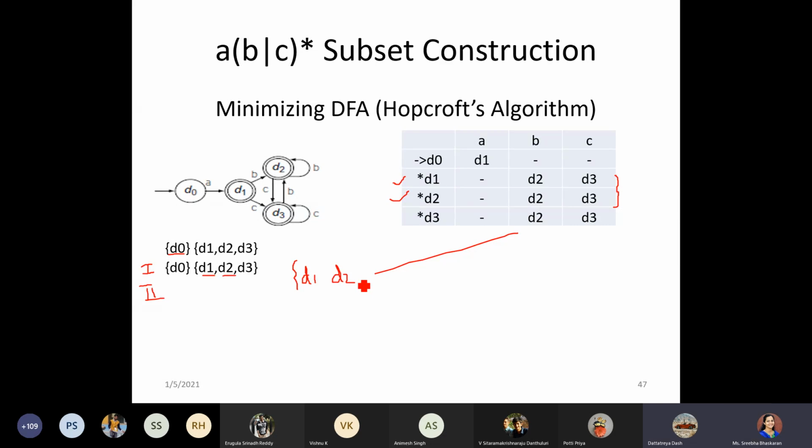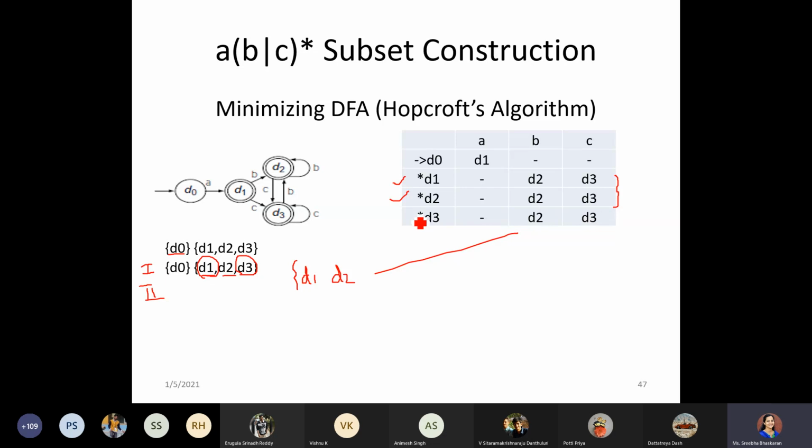With respect to the next one, I'll take out. So now when we are picking the next content, what do we have? That is D1 and D3. So if you are picking D1 and D3, now I have to check whether D3 goes with this or not.